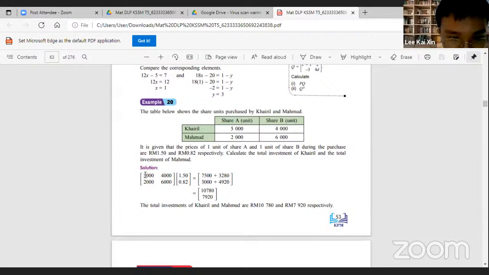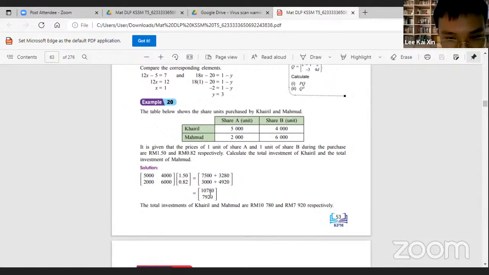So 5,000, 4,000, we form a matrix, and then share A and share B. Share A is 1.5, share B is 0.82.